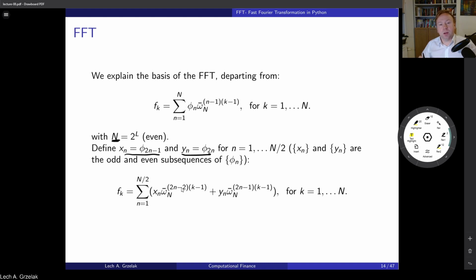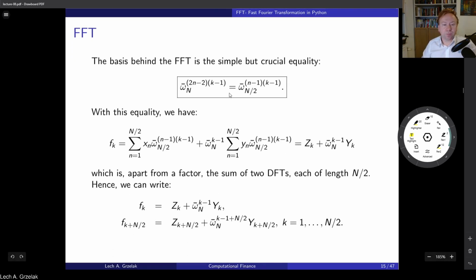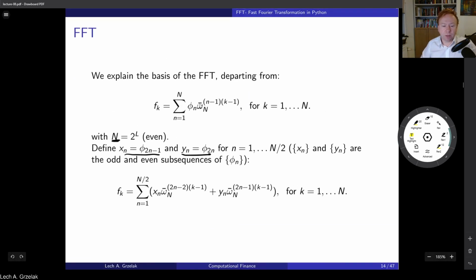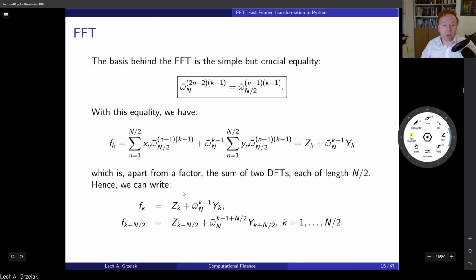Now, of course, since it's odd and even, we can use this fact that we have just noticed about the symmetry in the matrix. So let's go further. The basis behind the FFT is the symmetry, the similarity between the terms on the opposite sides of the diagonal. And this is the property that we can use.